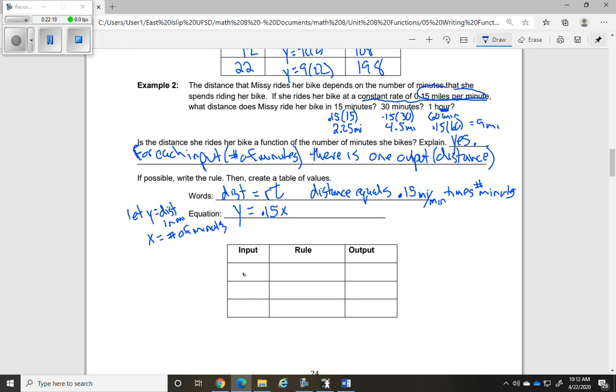So we can put these 15 minutes, 30 minutes. This I'm going to write as a 60 instead of 1 hour because our input is in minutes. And my output, 2.25 miles, 4.5 miles and 9 miles.